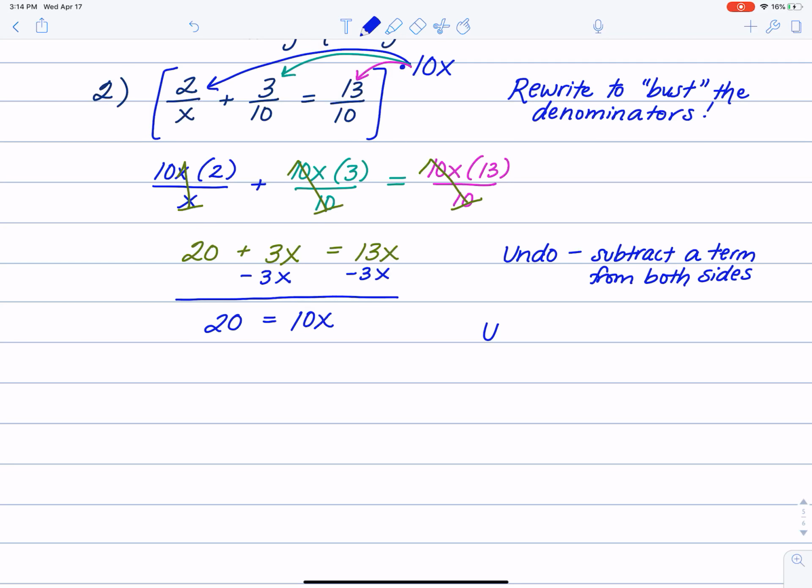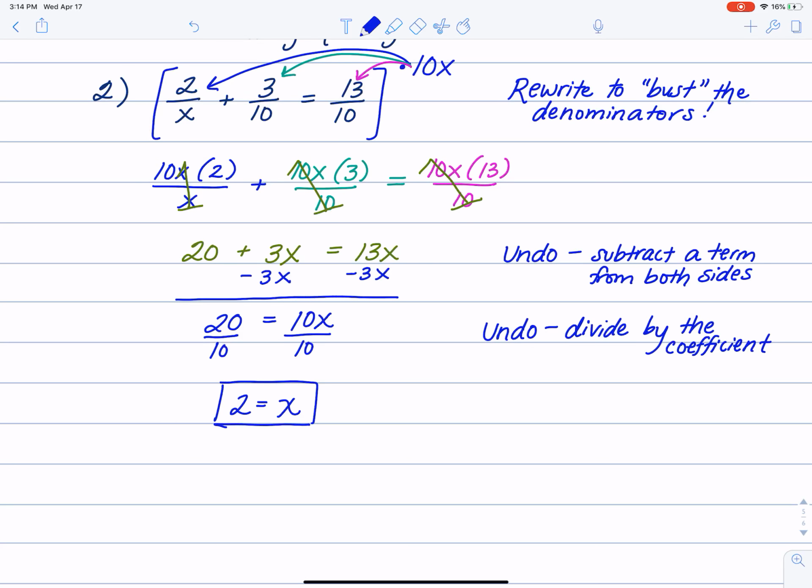Then we're going to undo one more time. Divide by the coefficient. Divide by 10 here, divide by 10 here. X equals 2. So in this case, we had a rewrite step, then an undo step, then another undo step.